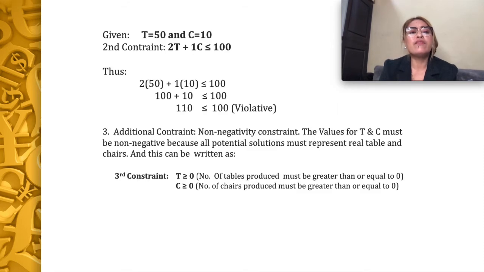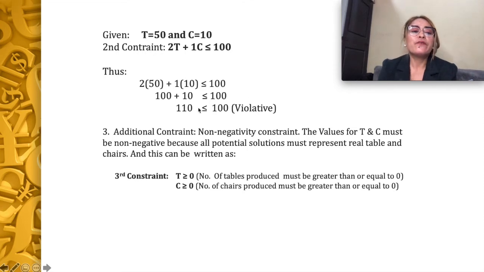Okay, now given that the number of tables is 50 and chairs is equal to 10, it is violative to the second constraint because 2 times 50 plus 1 times 10 will give 100 plus 10, which is equal to 110, less than or equal to 100. Obviously 110 is greater than and not equal to 100, so this is violative.